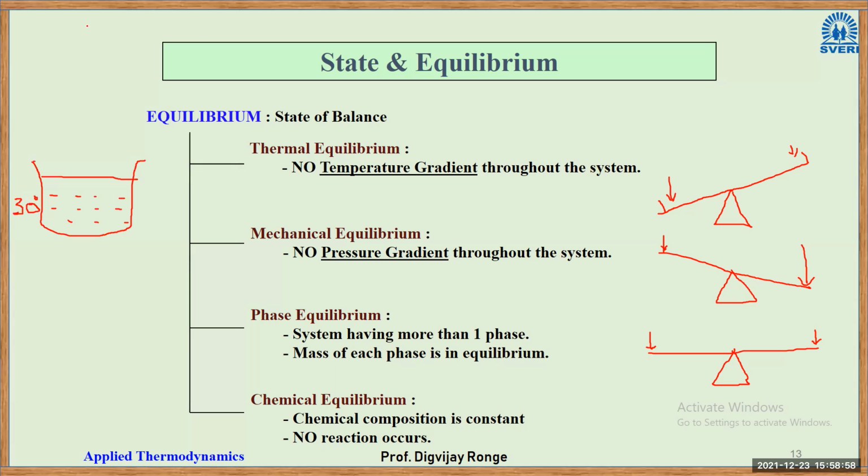Now in that water, there is a very hot steel ball, whose temperature is 80 degrees Celsius. Now I drop this ball into this vessel. Now that ball is inside the vessel. Here the initial temperature of water is 30 degrees Celsius, and the ball temperature is 80 degrees Celsius.